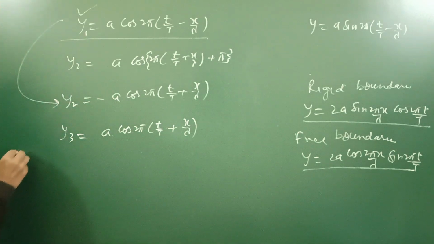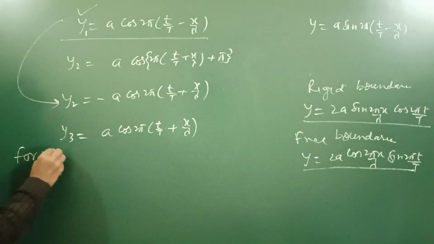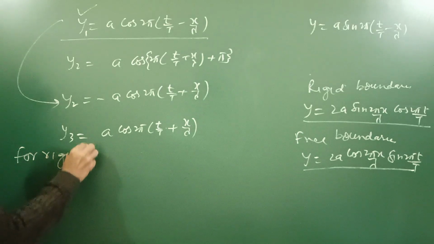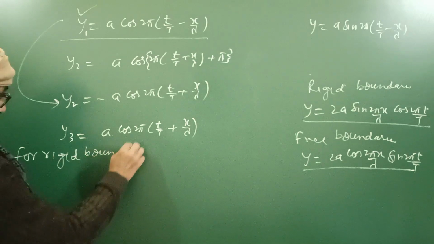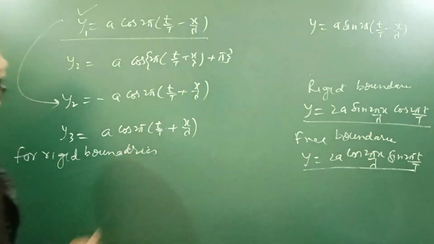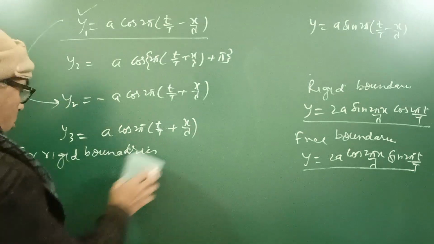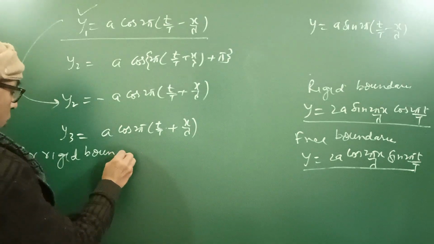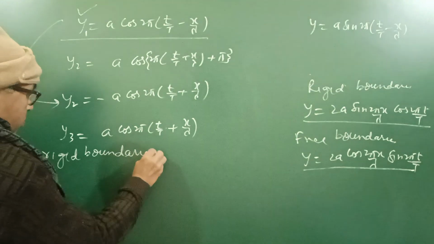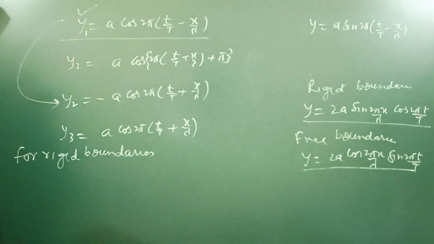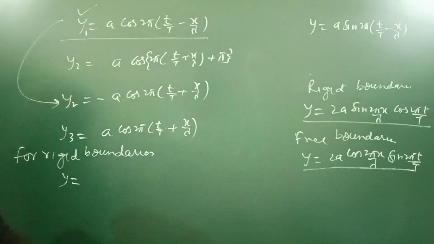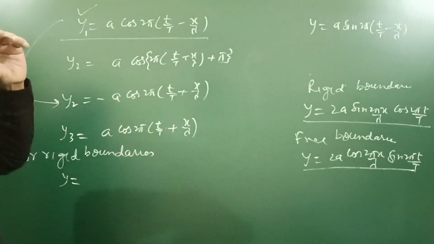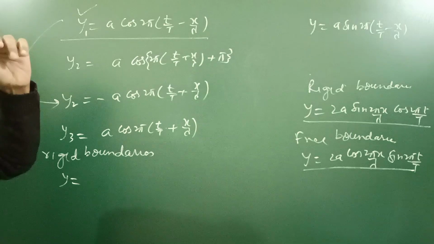So for rigid boundaries, y1 and y2 superimposed, y will be cos C minus cos D, which is 2 sin (C plus D) by 2 and sin (D minus C) by 2.